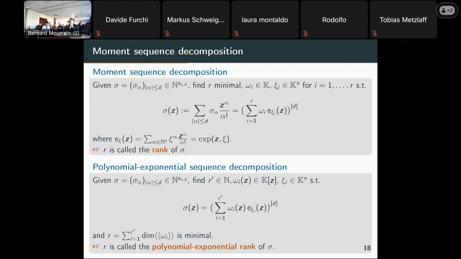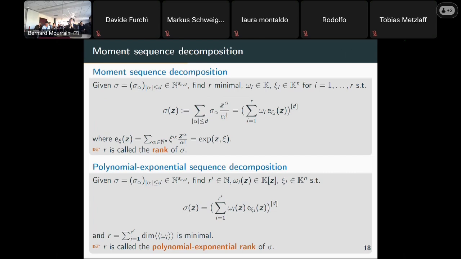Because we have seen that the power of a linear form has as its dual the evaluation at this point, and this translates in the z variables, the dual variables, as an exponential. It's linear.